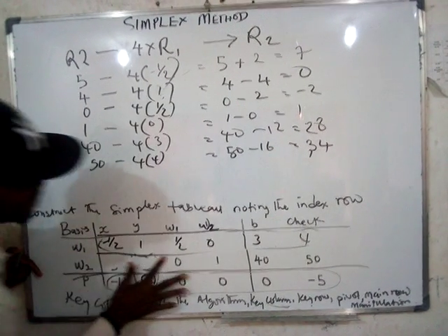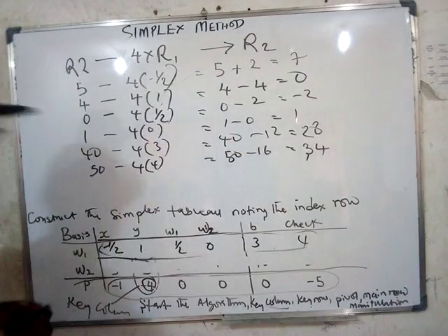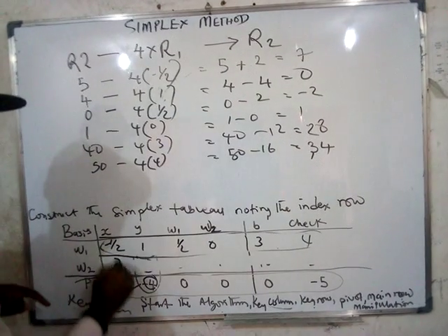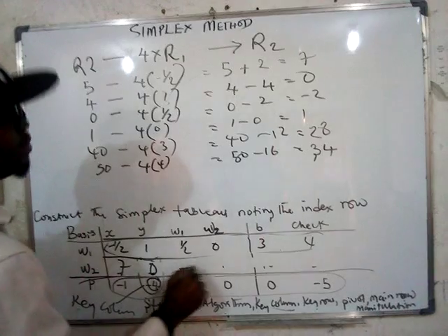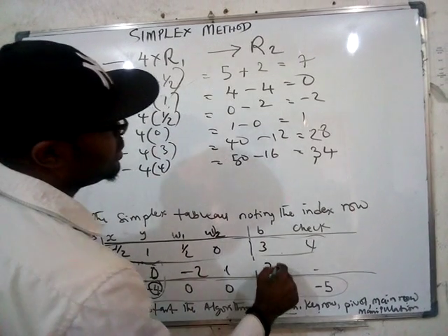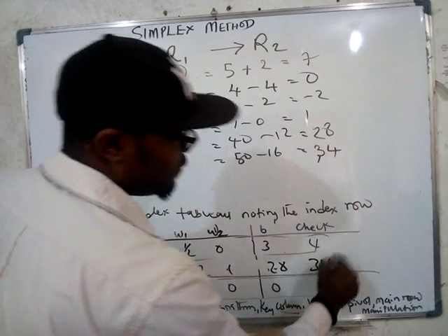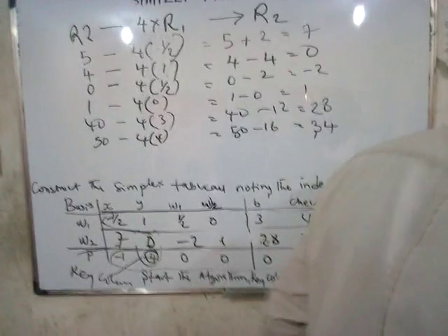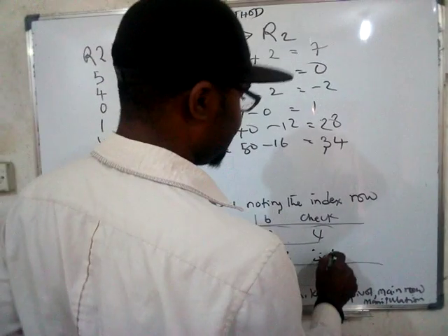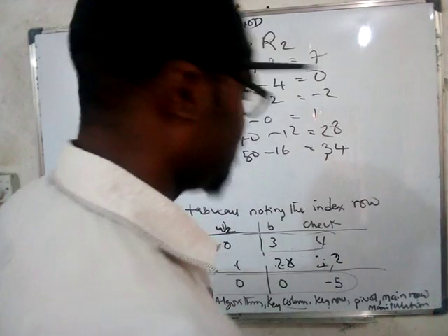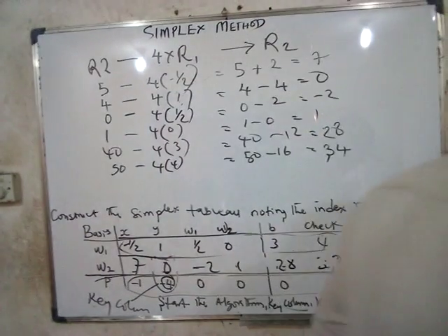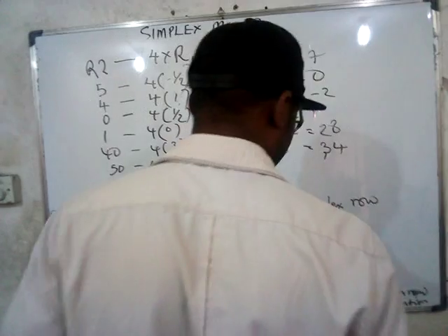So here now, I'm replacing all these places with 7, 0, minus 2, 1, 28, 34. Should be 34, right? 34.